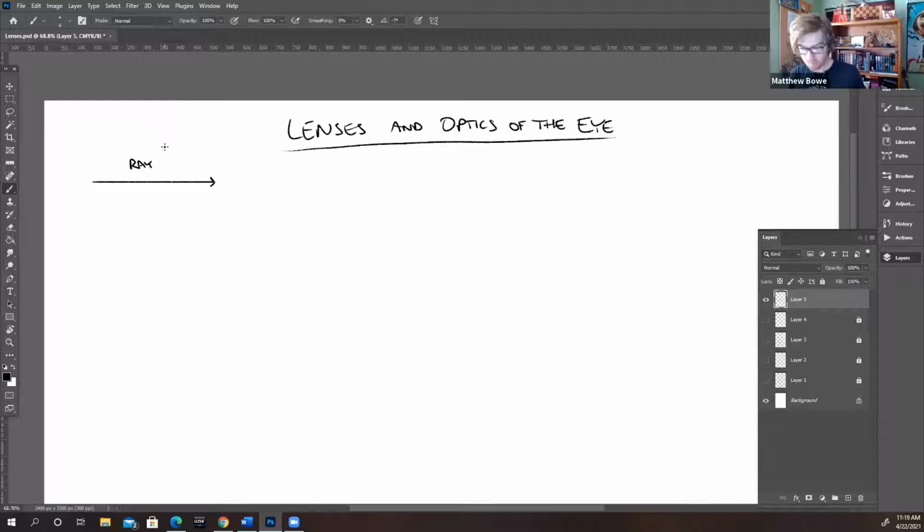So since it's been simplified, we've been able to understand lenses a lot more, and we can make a simplified equation to describe how light can move through a lens, and that's called the thin lens equation.